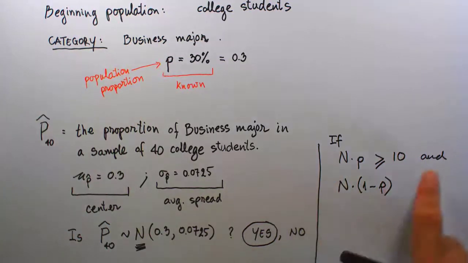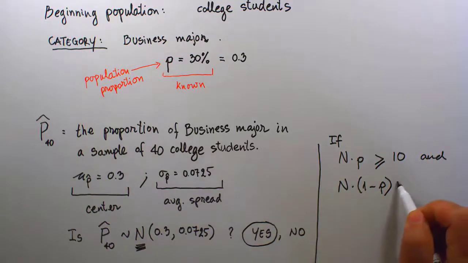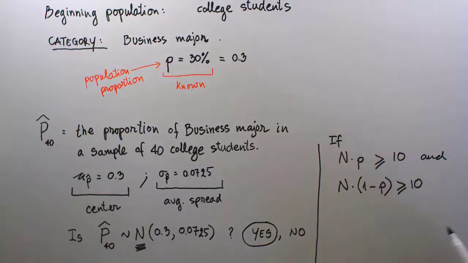So we take the product between our sample size and P, and we also take the product between our sample size with 1 minus P.